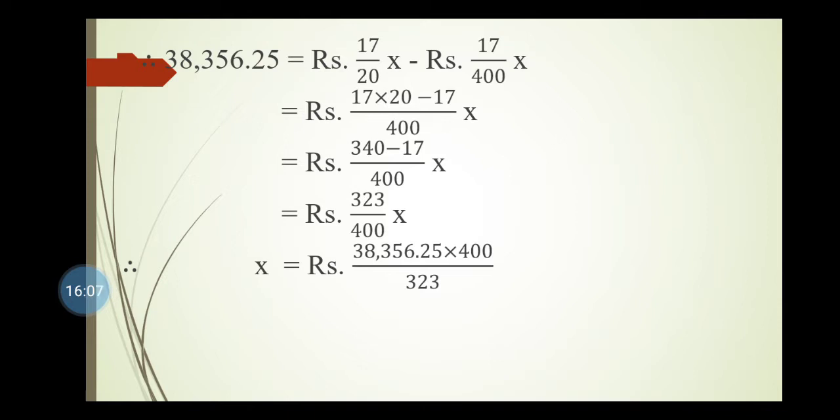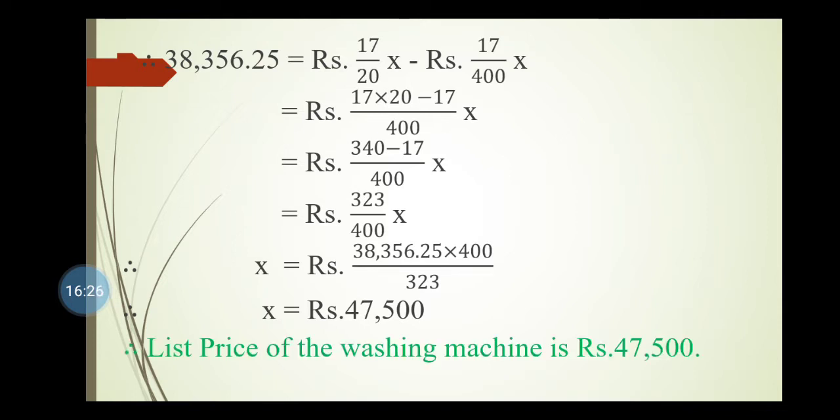So x will be equal to 38,356.25 into 400 upon 323. When we solve this, we get x equal to 47,500. X is the list price. So the list price of the washing machine is rupees 47,500.